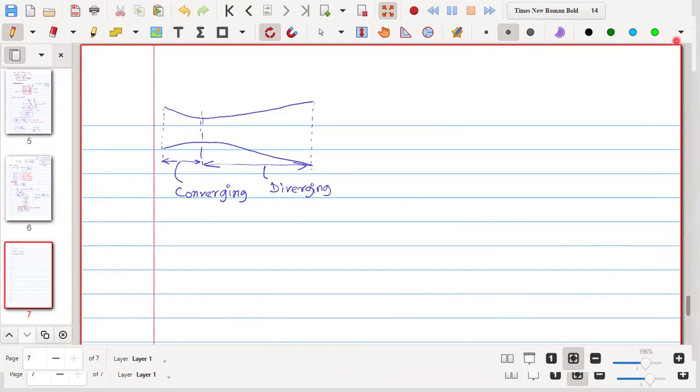This kind of nozzle for compressible flow we call a de Laval nozzle, due to the fact that it was designed by a Swedish engineer, Carl G. de Laval.